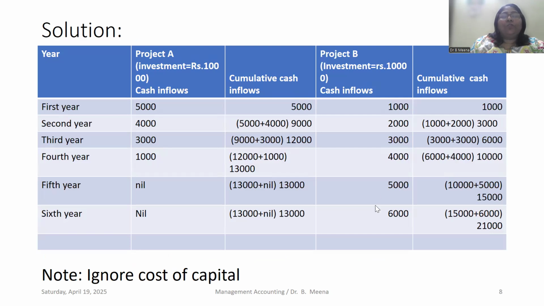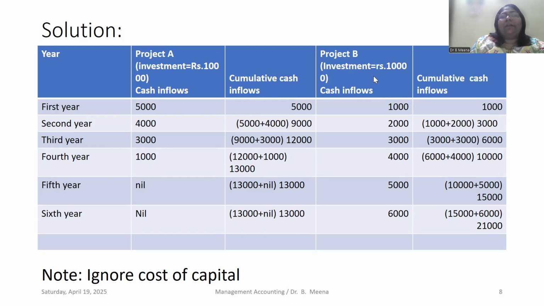So look at the solution. I have a year column, then under project A, cash inflows and cumulative cash inflows, and for project B, cash inflows and cumulative cash inflows. I write the cash inflows from the first year to the sixth year for project A, and simultaneously calculate the cumulative cash inflows.